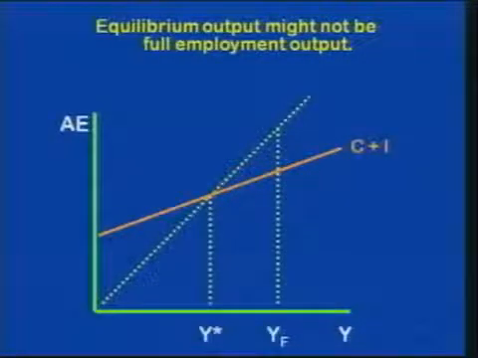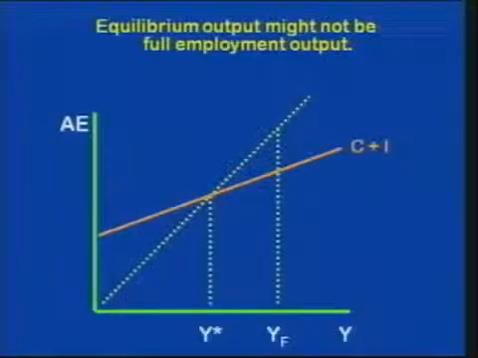What is actually going on here, and your GSIs in section will explain this entire model in an alternative way of looking at it, where you're comparing the savings that people make, that is, the money that they don't spend on consumption, with the amount that firms invest.